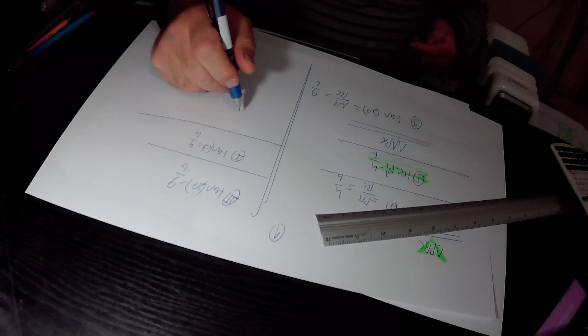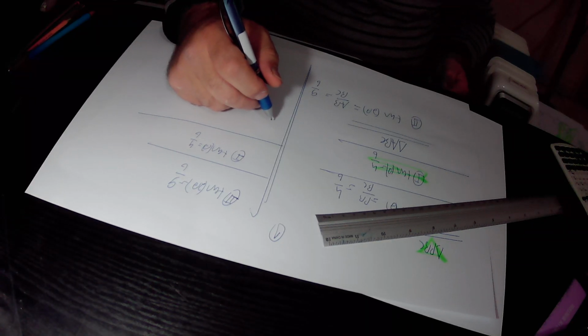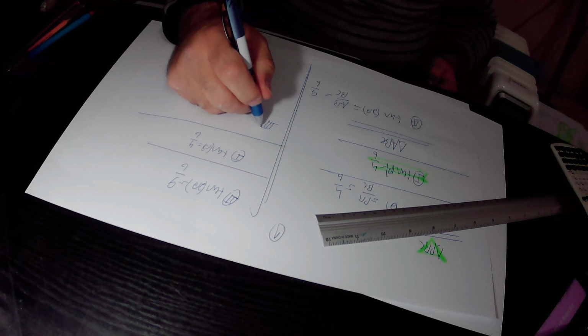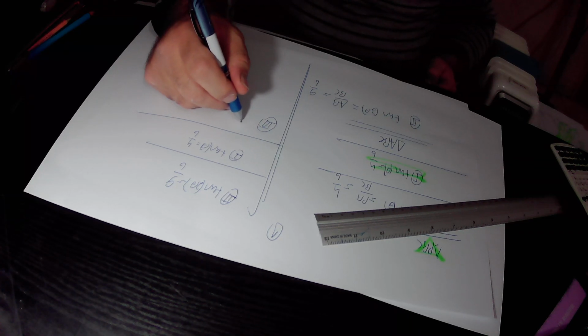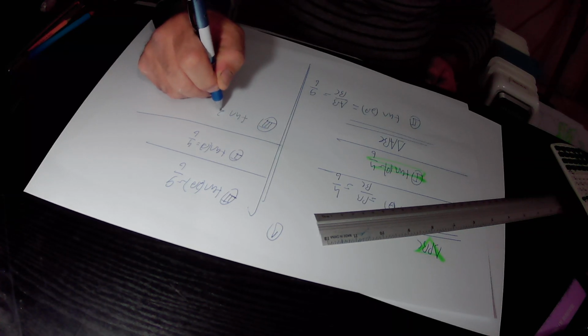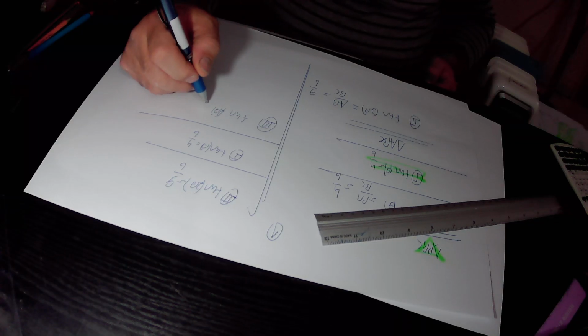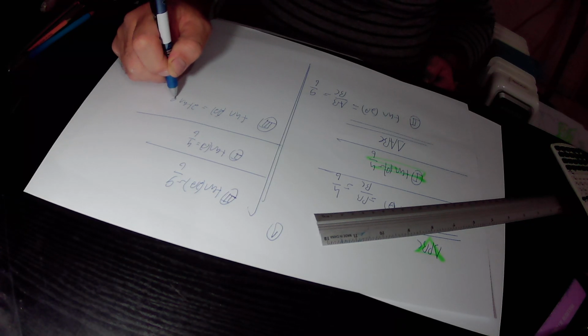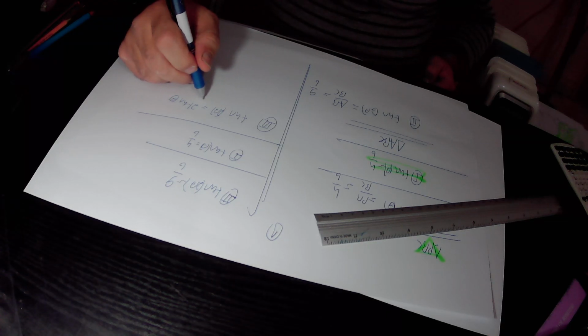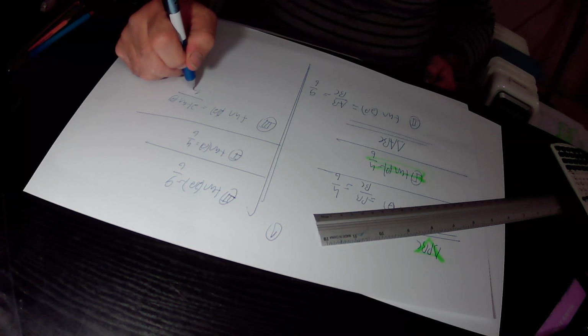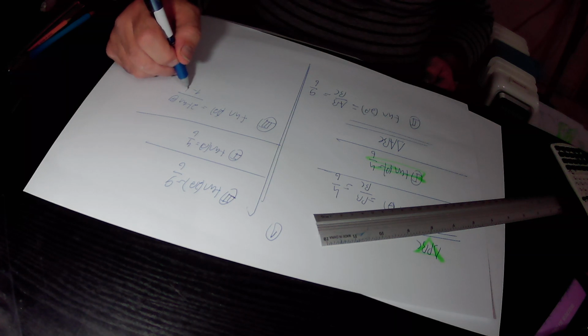We have a trigonometric identity that states that tangent 2 theta equals 2 times tangent theta over 1 minus tangent square theta.